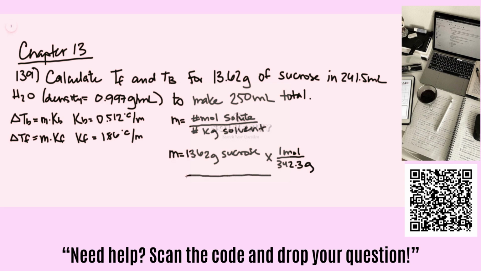And then we can divide that by converting this 241.5 mils of water to grams using the density that we were given. And then we can convert to kilograms. So I know that 1 kilogram is equal to 1,000 grams, canceling all of those units here.